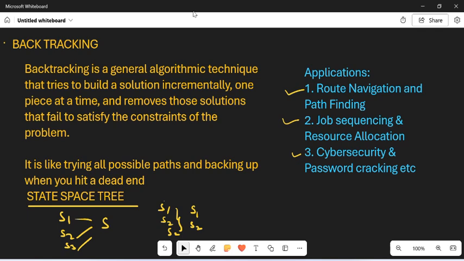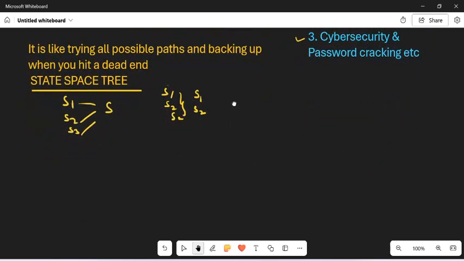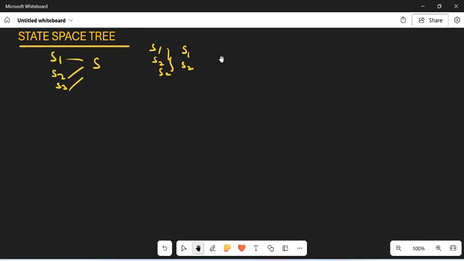Now, let us understand backtracking by taking one simple example, and then we shall go for the complex problems where we will use backtracking. For example, we have 3 students, 2 boys and 1 girl.